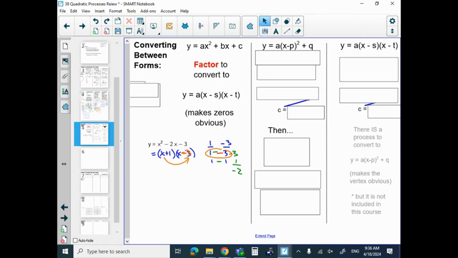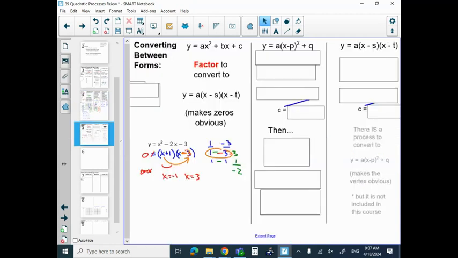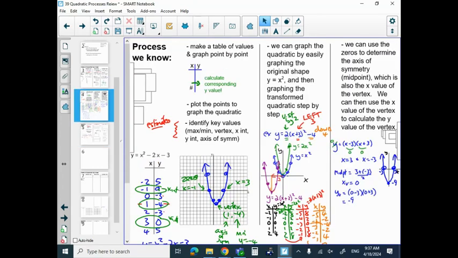All right, so that's the factors, and then of course the zeros are obvious. If I set this equal to 0, then we'd have zeros of -1 and 3, which if you look at our graph is what we had, -1 and 3. And obviously we could do more, right?